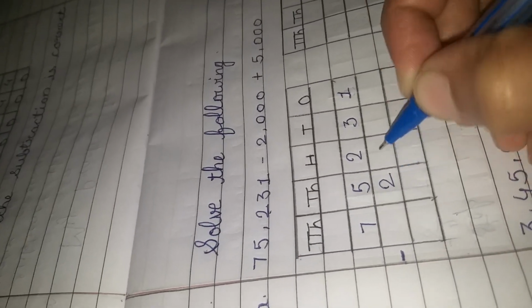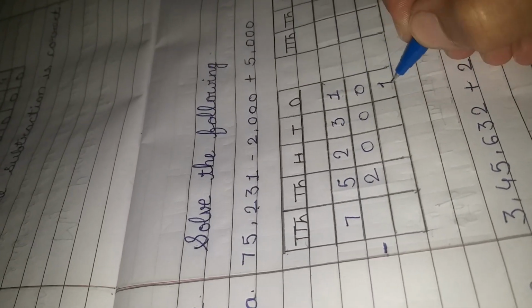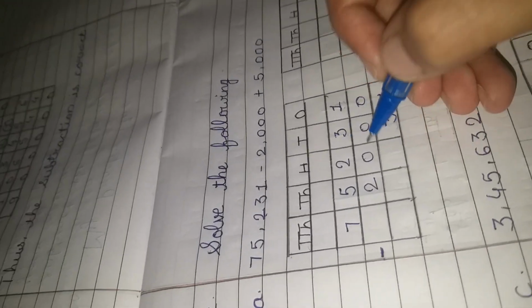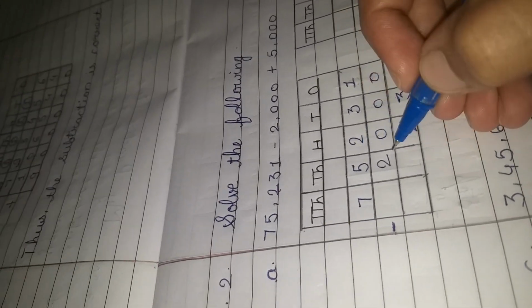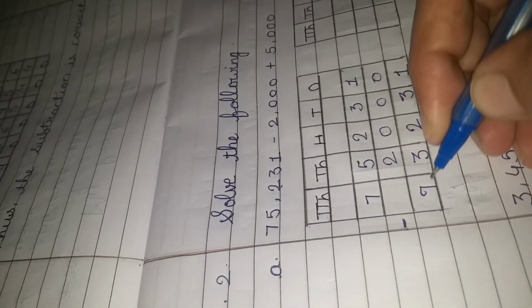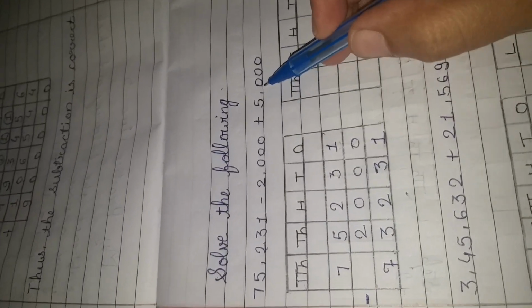So minus 2000. 1 minus 0, 1, 3 minus 0, 3, 2 minus 0, 2, 5 minus 2, 3, 7 will be as it is. So 73,231.